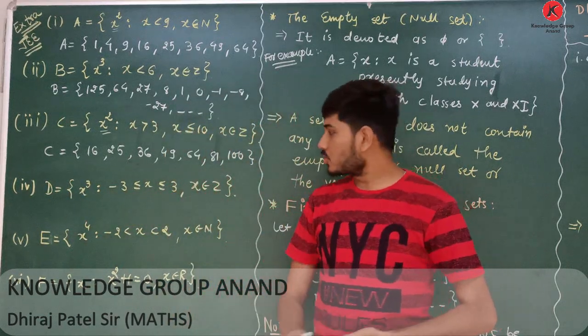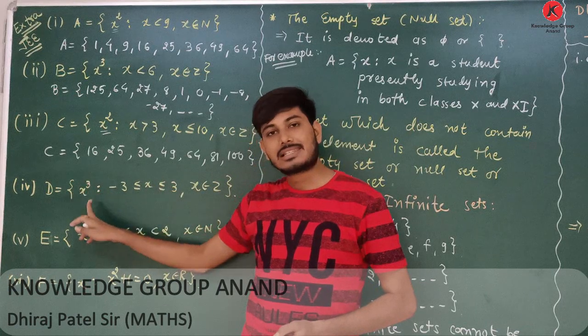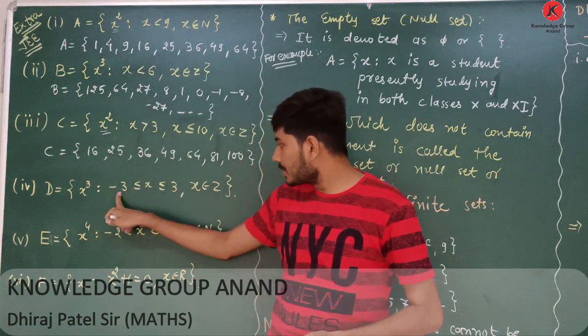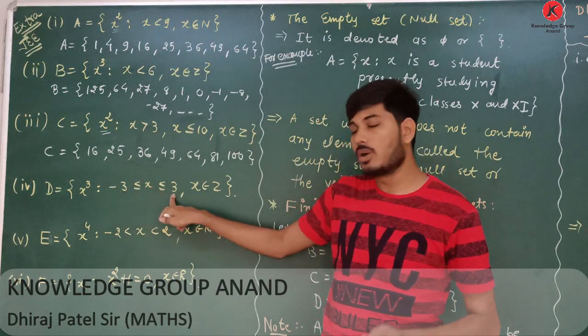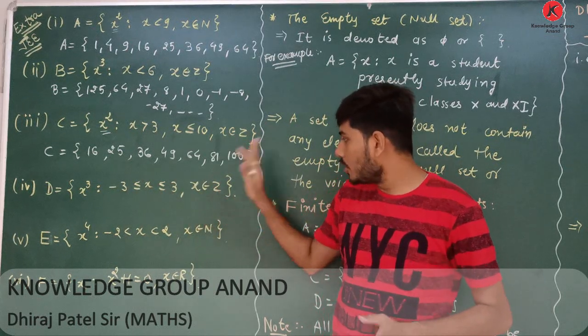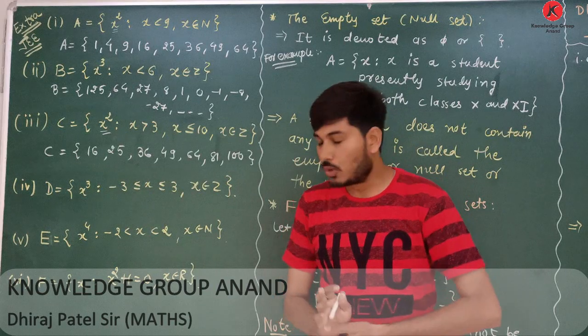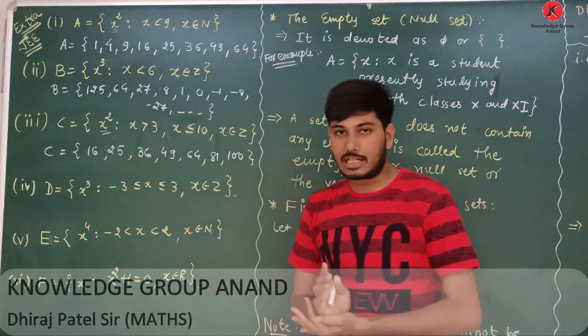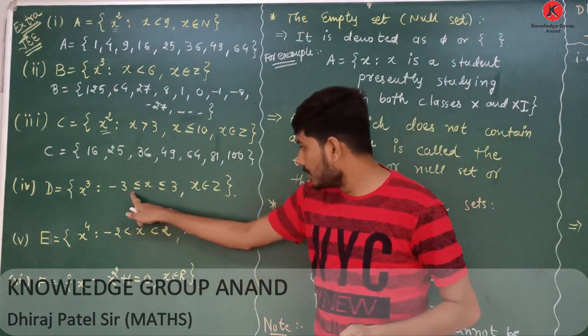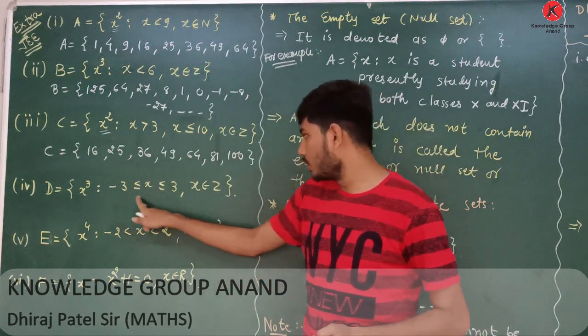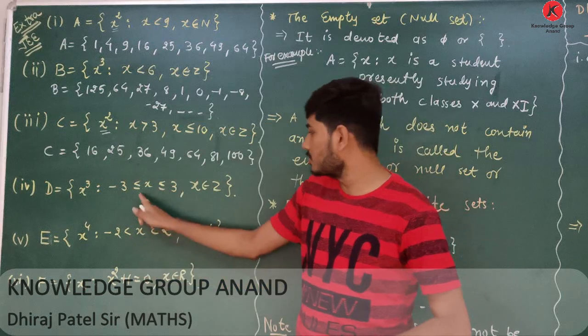Set D equals x cube such that minus 3 less than or equal to x less than or equal to 3, x belongs to Z. First of all, x belongs to Z, that means x is an integer. Now, write the integers which satisfy this condition.